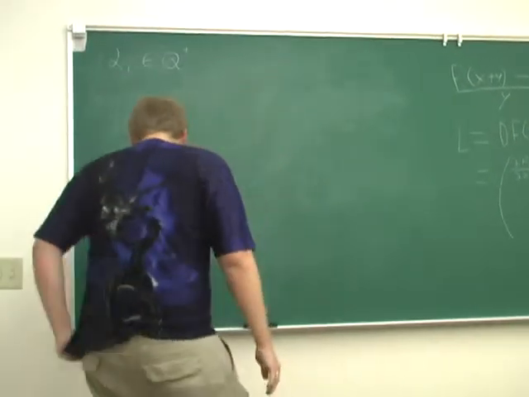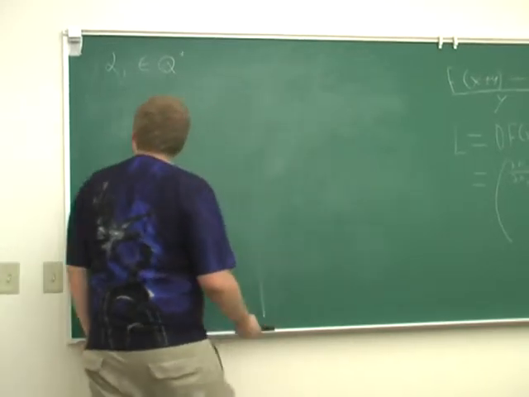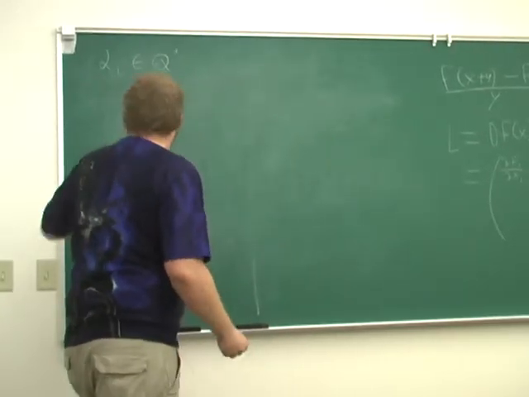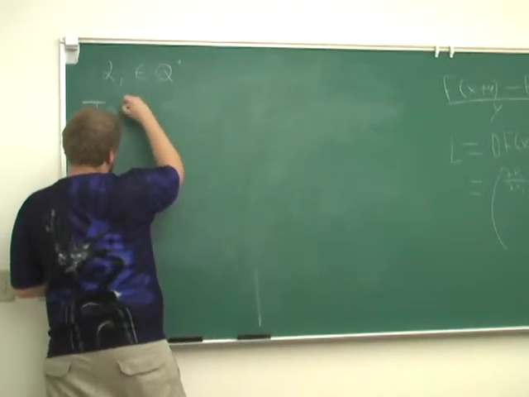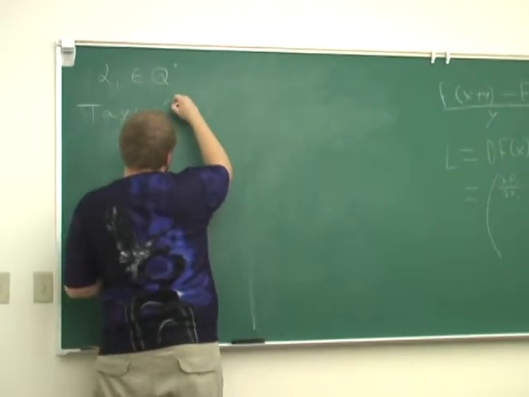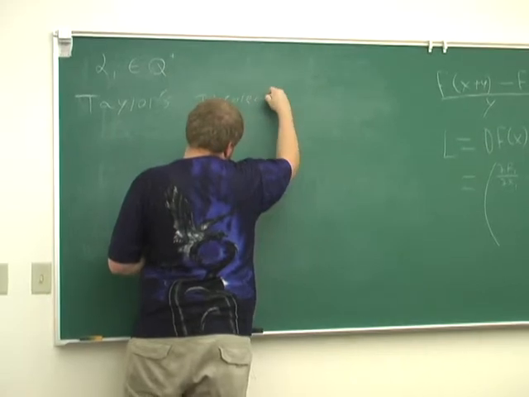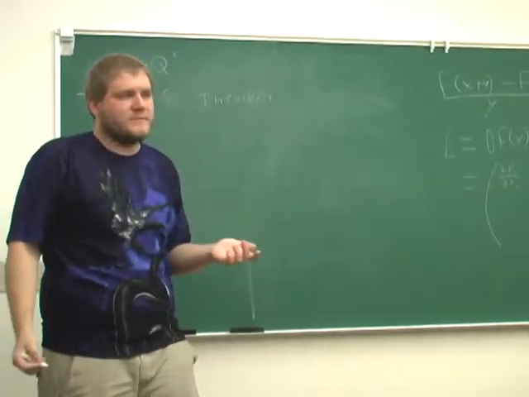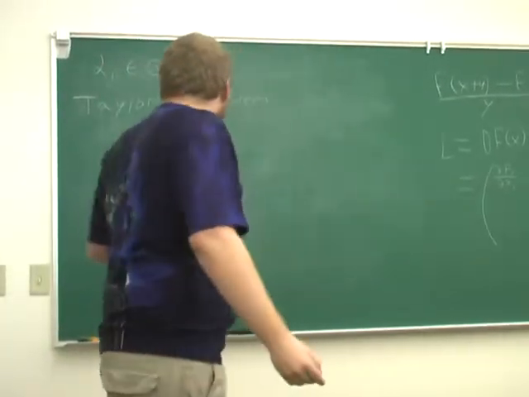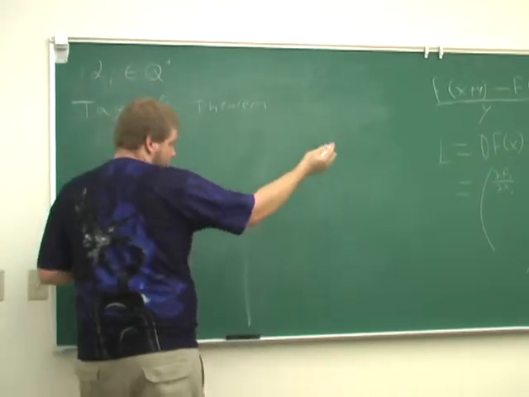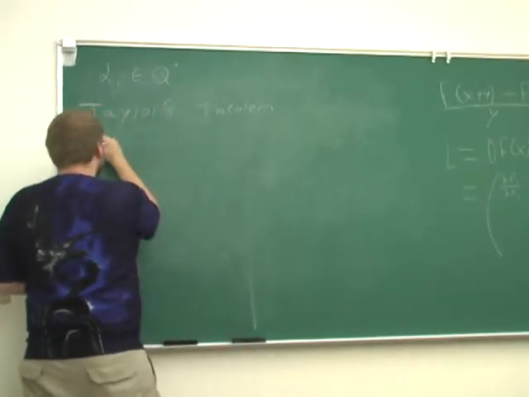Okay. So we'll talk about Taylor's theorem. This is, of course, the multivariable Taylor's theorem. We defined F as we have before, a map from an open subset of Rn to Rm. And we can just write down in this multi-index notation something like this.